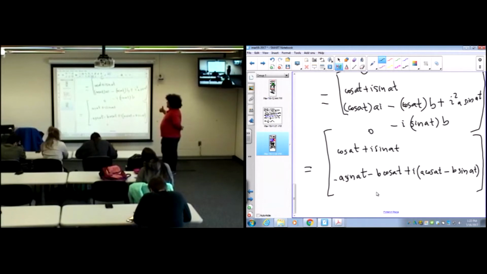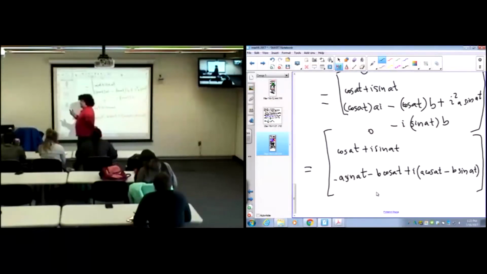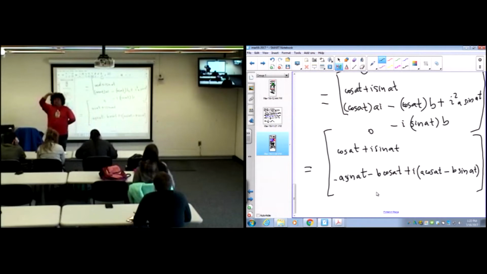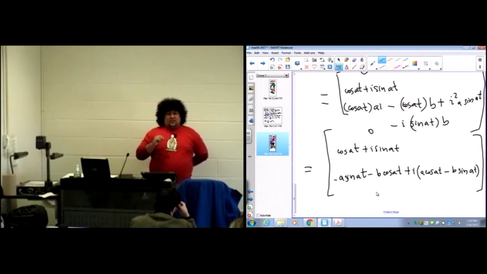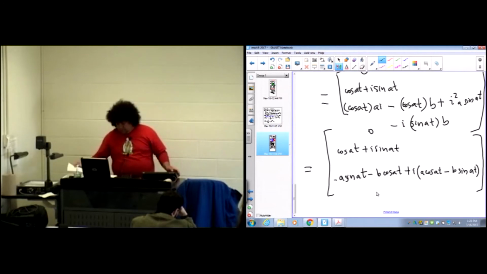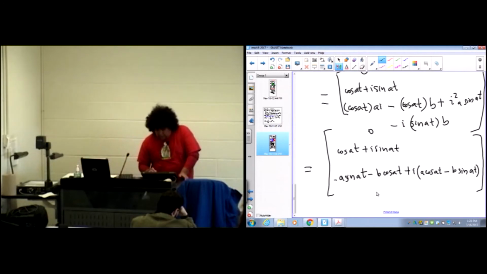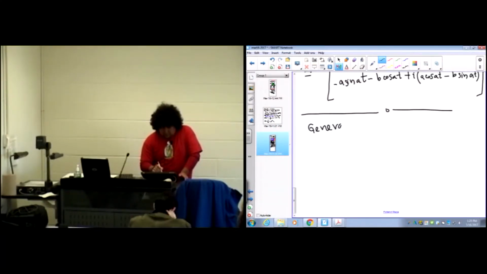So the general solution of dx/dt equals Px is of the form c1 e to the lambda 1t v1 plus c2 e to the lambda 2t v2 plus c3 e to the lambda 3t v3.